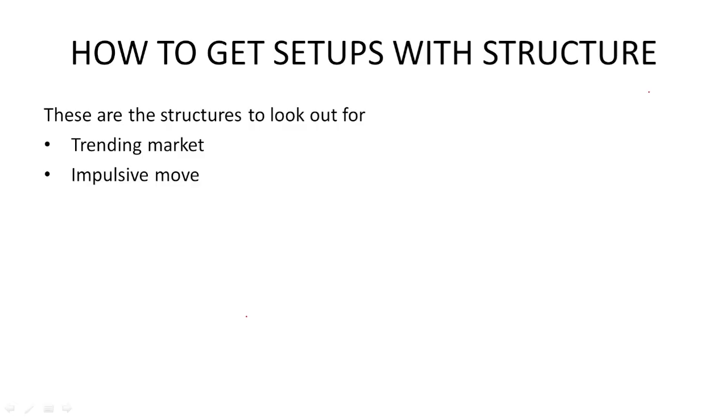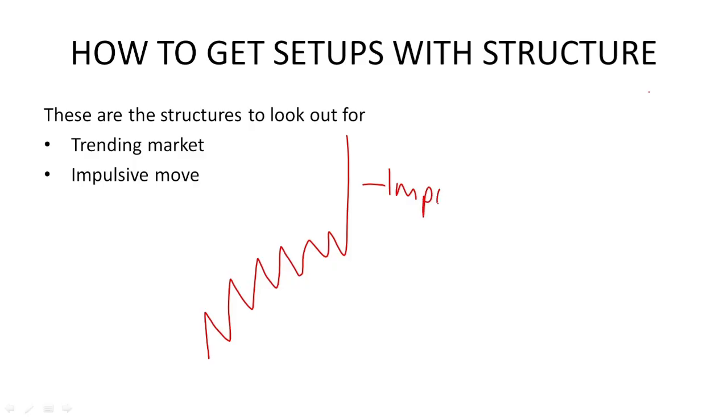So I'll show you an example. Let's say the market is trending like this, and all of a sudden you see something like this. So this right here is an impulsive move. Most of the times you easily identify an impulsive move by it breaking multiple structure.